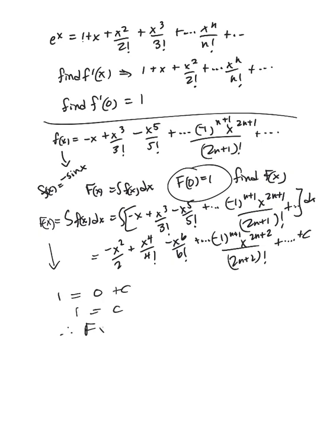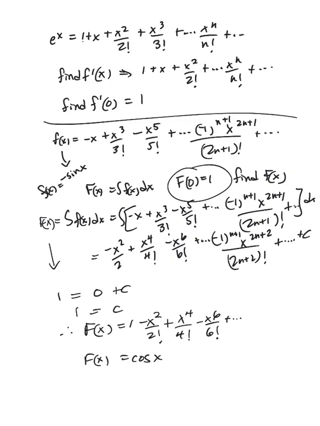Okay, so therefore f of x, we have to put a 1 in front of this, is 1 minus x squared over 2 factorial plus x to the 4 over 4 factorial. Okay, what is this? Well, this is cosine x, right? So f of x is cosine x.